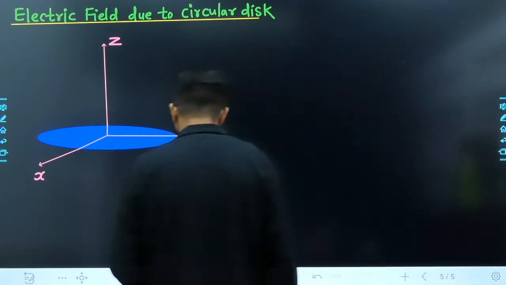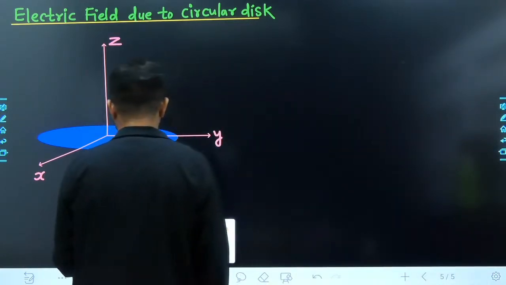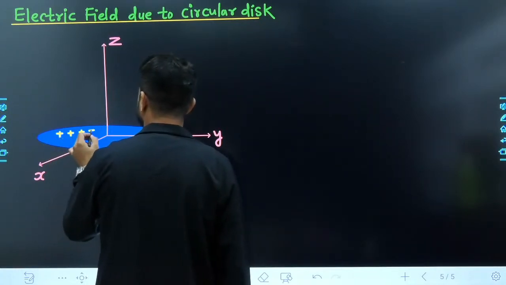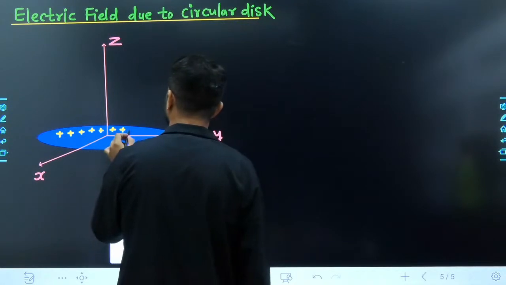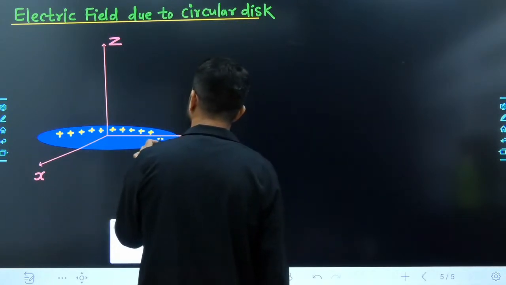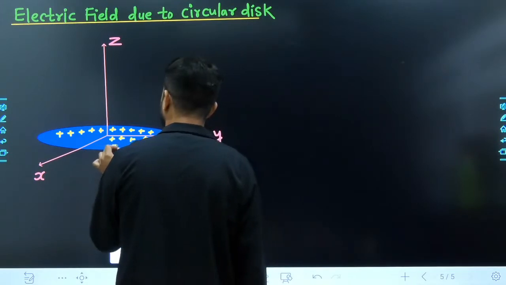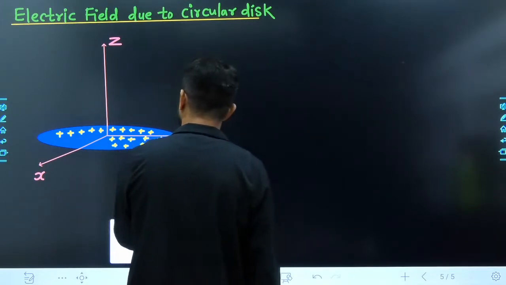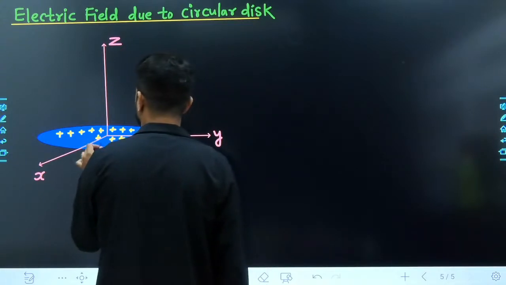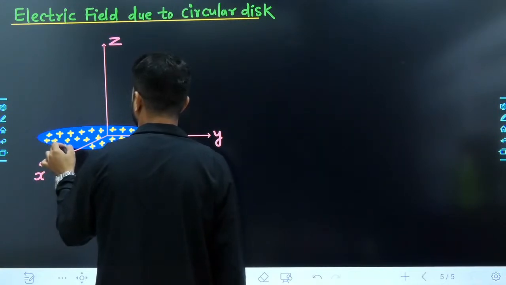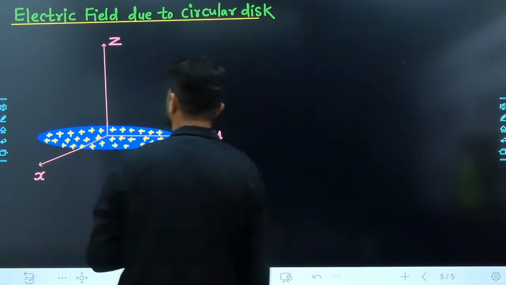So the charges will be present here. In the circular disc, the charges will be present inside the disc, like this.